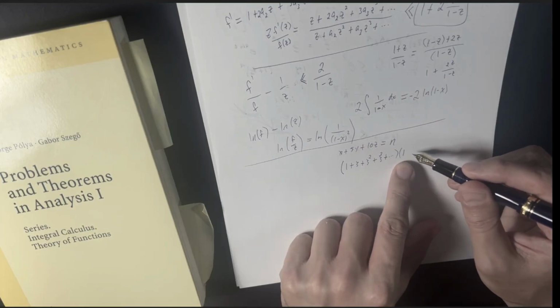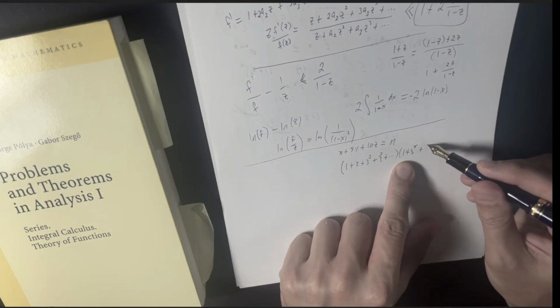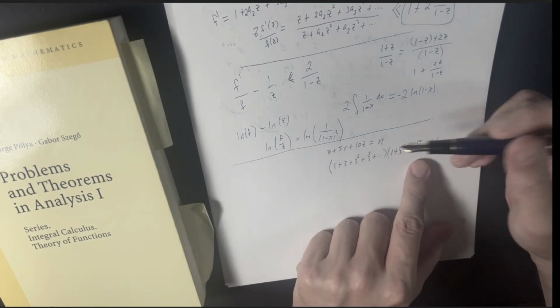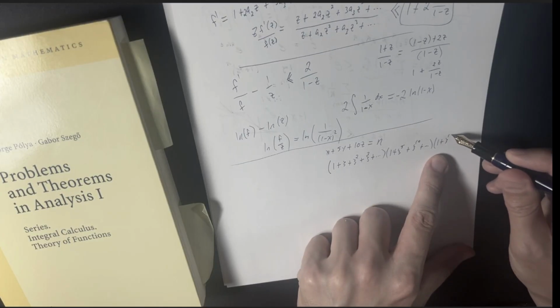So that could be y is 0, or y is 1, or y is 2, etc.